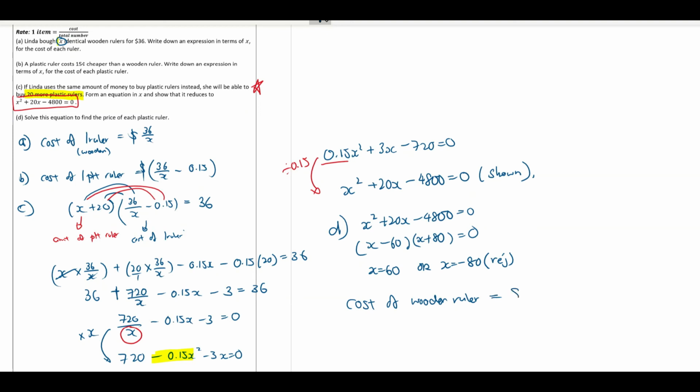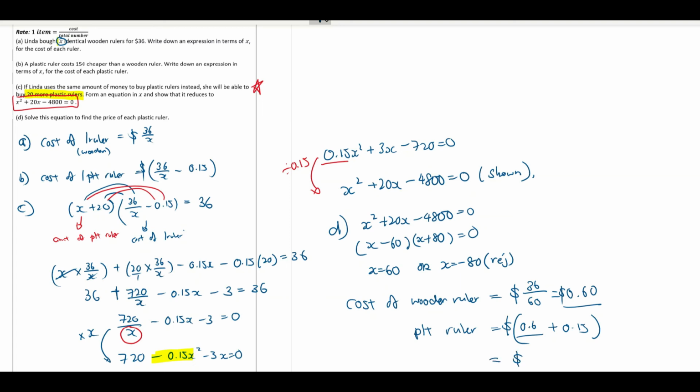That will be equal to 36 over 60, which is equal to how much? And the cost of one plastic ruler will be equal to this amount plus 0.15. Okay, 36 divided by 60 will give you 0.60, and this will be 0.6.